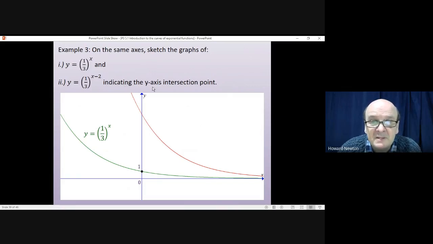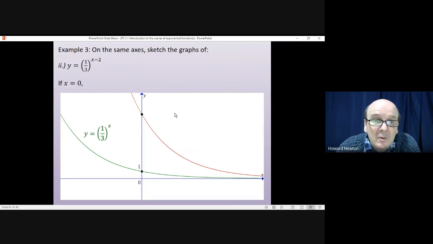We've been asked to find the y-axis intersection point. So this point here. Now, that's the equation that we've got, y equals a third to the power of x minus 2. The y-axis intersection point is where x equals 0. So we just need to put x equals 0 into this, and that'll give us a third to the power of 0 minus 2, which is a third to the power of minus 2.